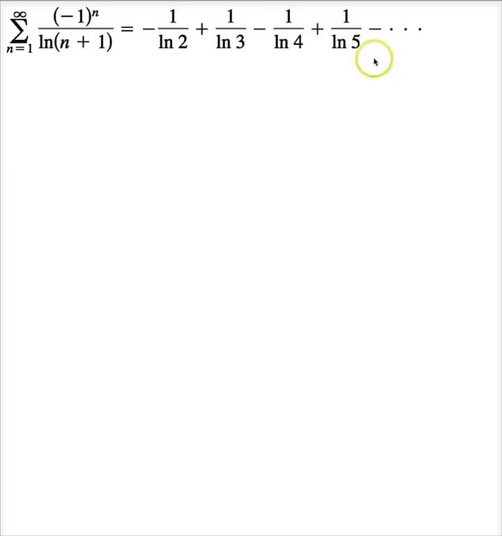Now, let's look at the sum as n goes from 1 to infinity of minus 1 to the n divided by the log of n plus 1. Well, let's see if the series itself converges. Let's look at the limit as n goes to infinity of 1 over the log of n plus 1. And yes, this does equal 0.